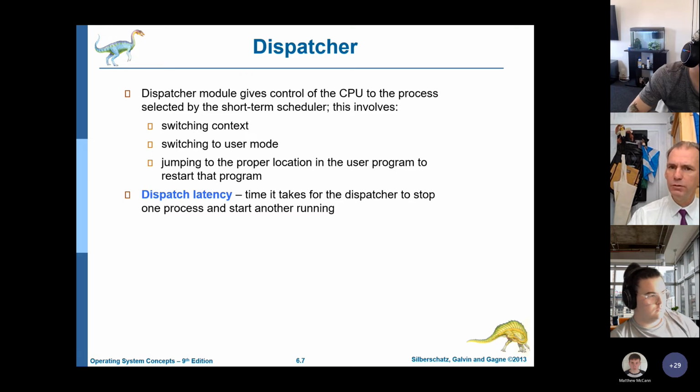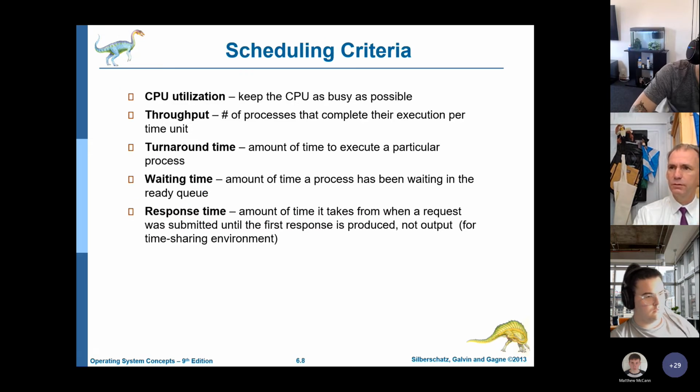And in fact, we've got a whole bunch of criteria. So that's for dispatch. For scheduling, we've got a whole pile of other criteria that we want to use. Other operating systems may vary. Other operating systems may put more or less emphasis on any of the ones that are identified here.